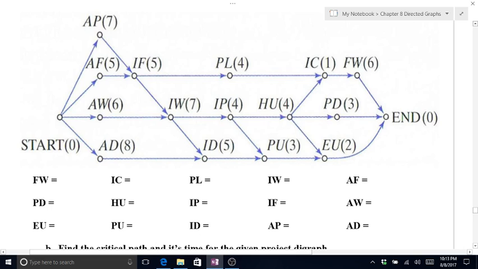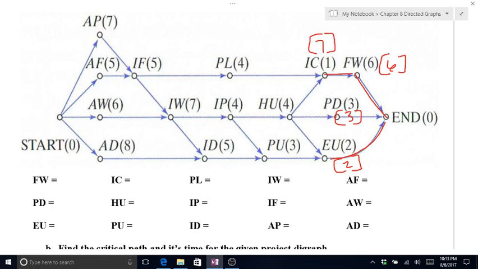Okay, working backwards from the end, that gives this a critical time of 6, 3, and 2. Okay, FW leads backwards to IC, that gives IC a critical time of 7. 3 lines lead back to HU.